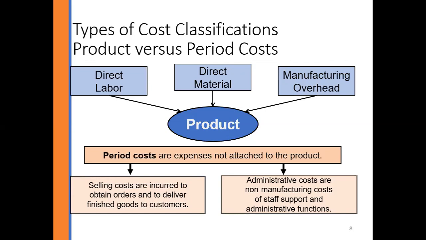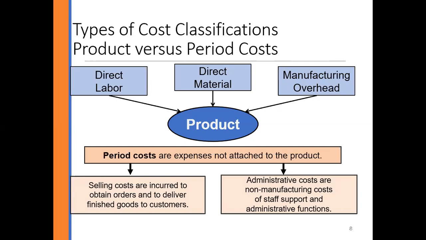Then if we drill down on each of those, we can divide all of our product costs into either direct labor, direct material, or manufacturing overhead, or as it's also called, factory overhead. Factory overhead, manufacturing overhead, same thing, right? So our product cost can be divided into three categories: direct material, direct labor, and manufacturing overhead.